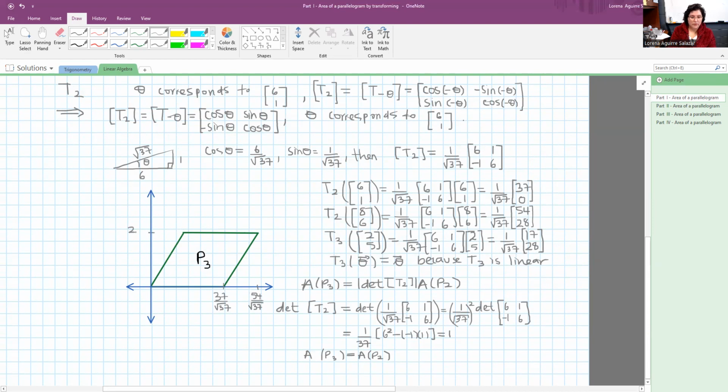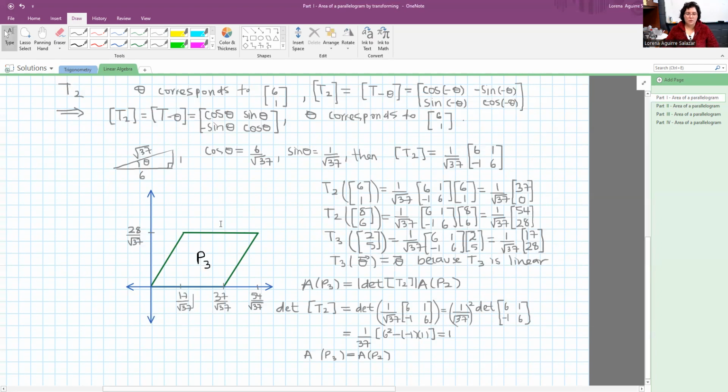Here the height was 28 over root of 37. And this right here was 17 over the root of 37. Okay. So there we have our parallelogram.